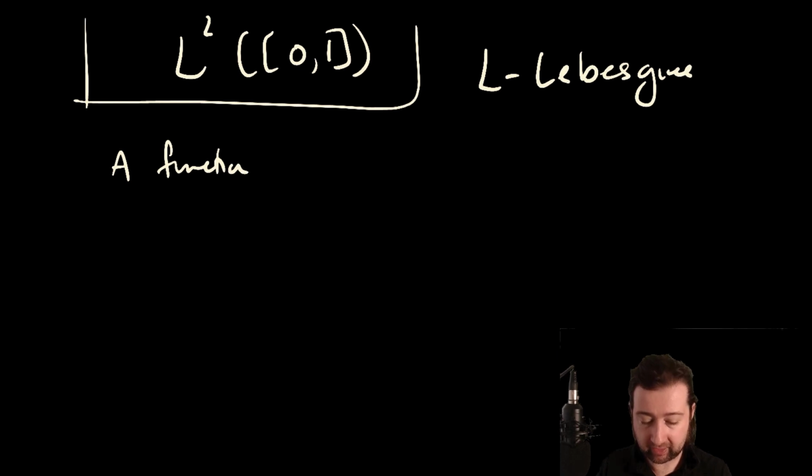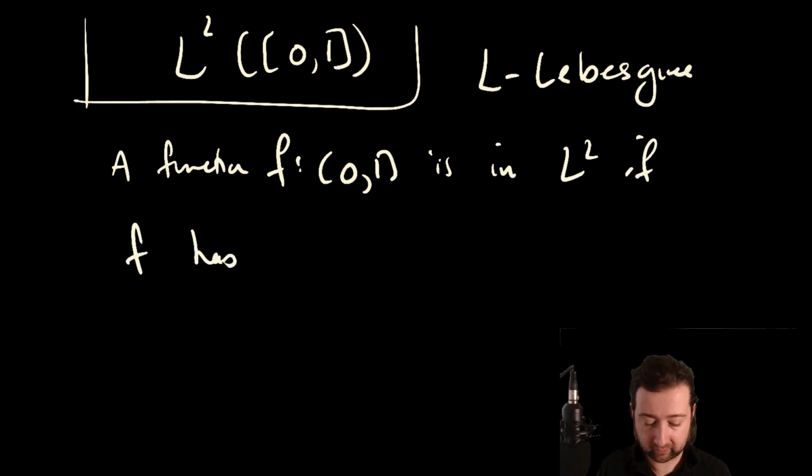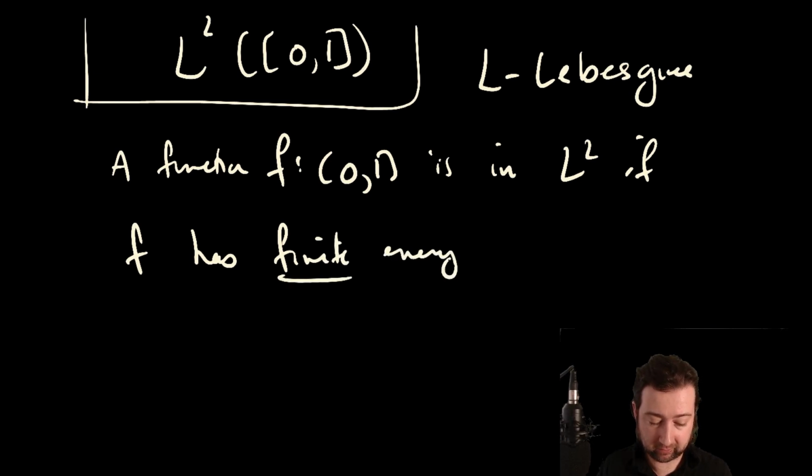A function f on the interval from 0 to 1 is in L2 if f has finite energy. And it's not energy like a physicist thinks about energy, but it's a constant multiple of that.